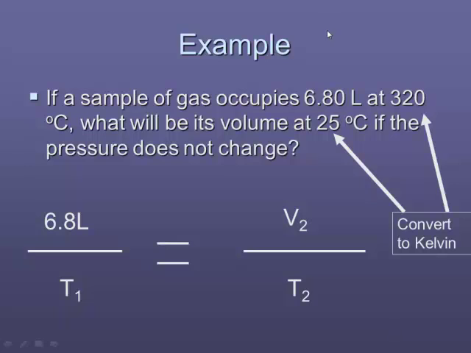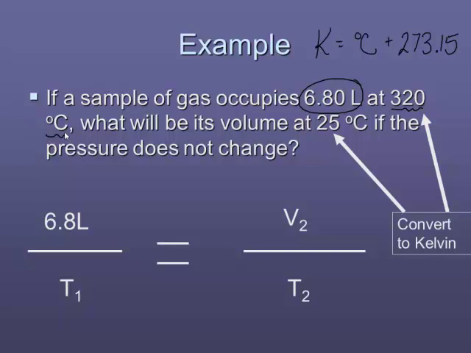So again, the formula for changing your degrees to Kelvin looks like this. It's degrees Celsius plus 273.15. So this is the point where you're going to want to grab your calculators. I plugged in some information for you already. This is 6.8 liters. Probably you should go with this particular temperature, 320 degrees Celsius.